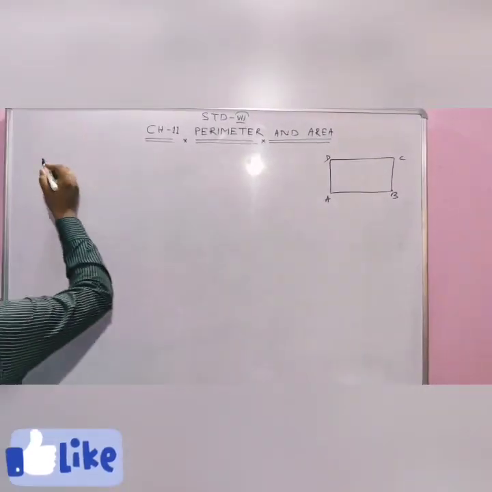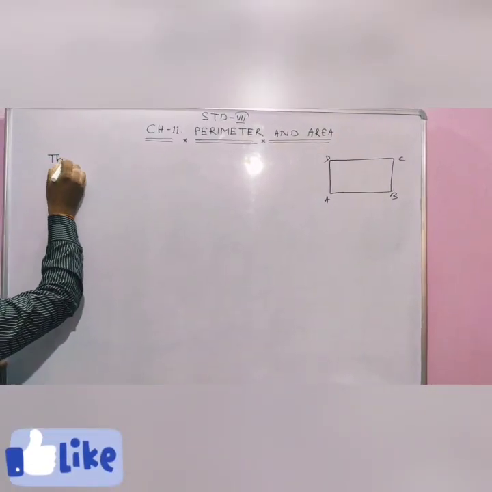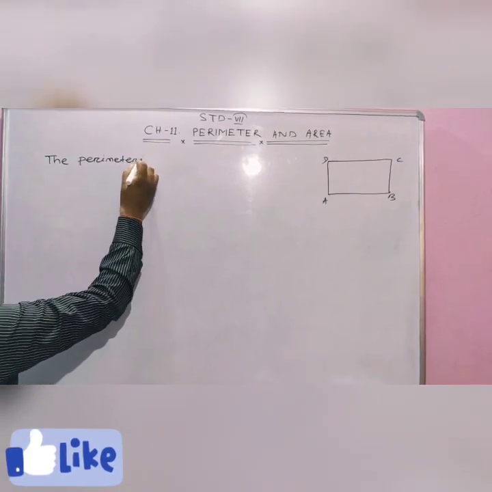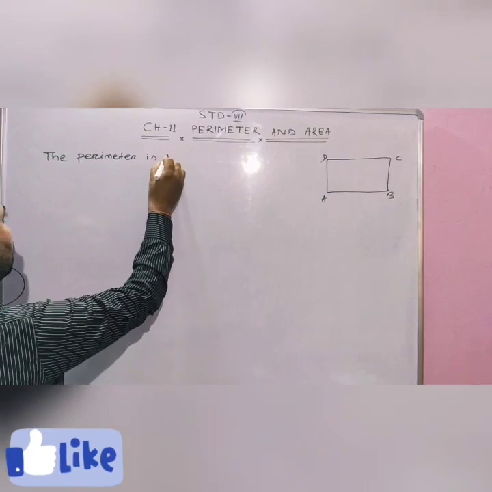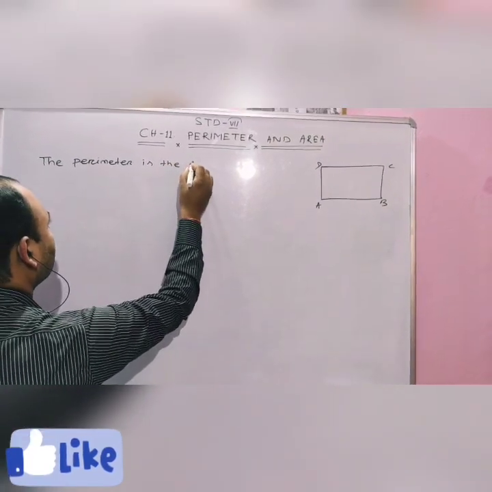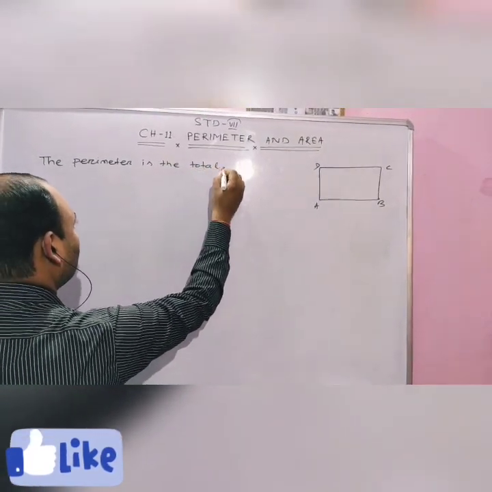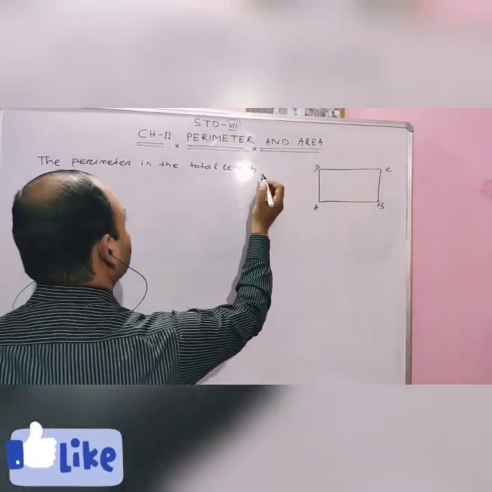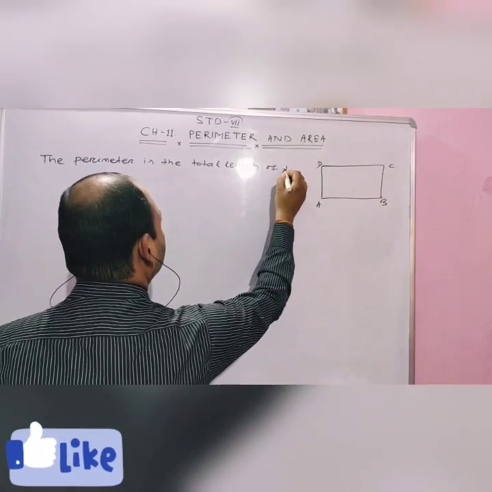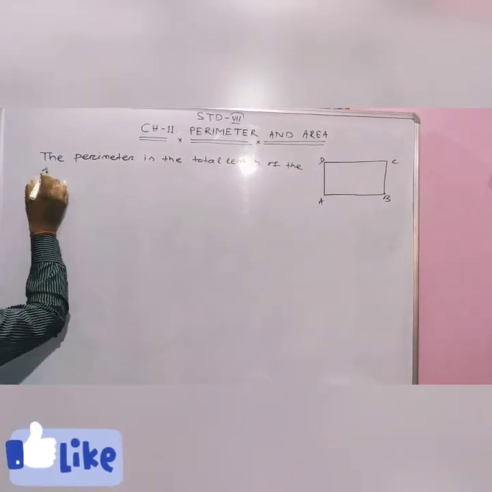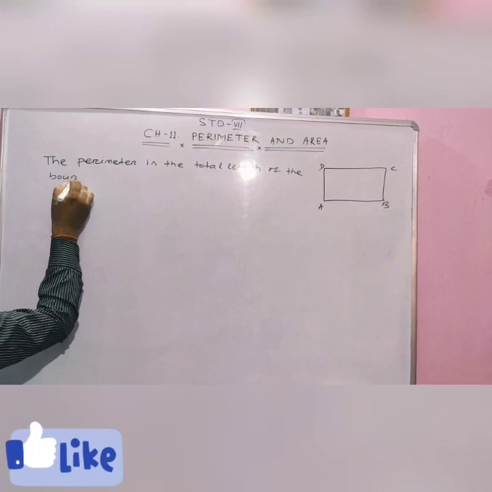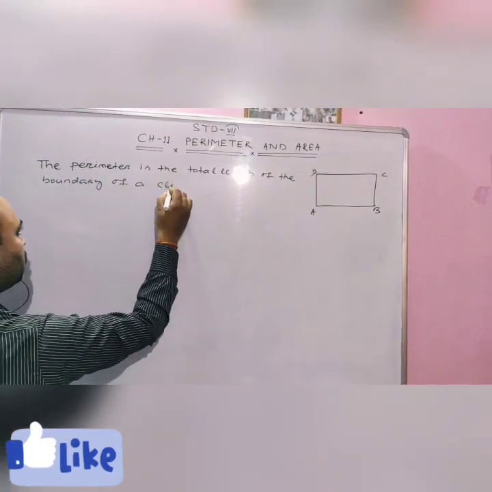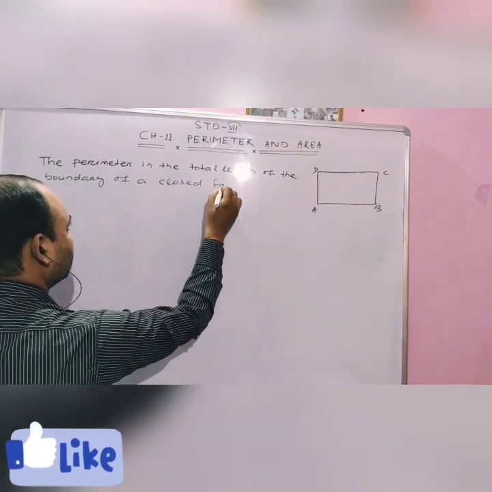So the perimeter is the total length of the boundary of a closed figure.